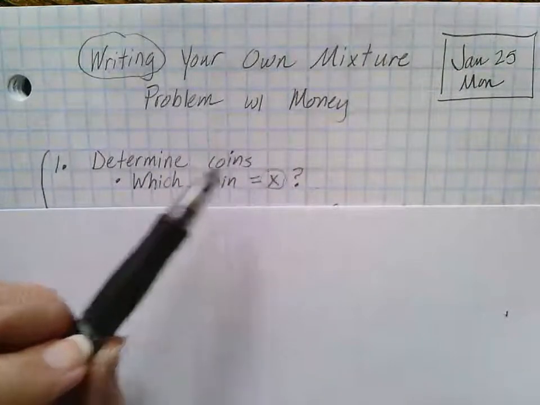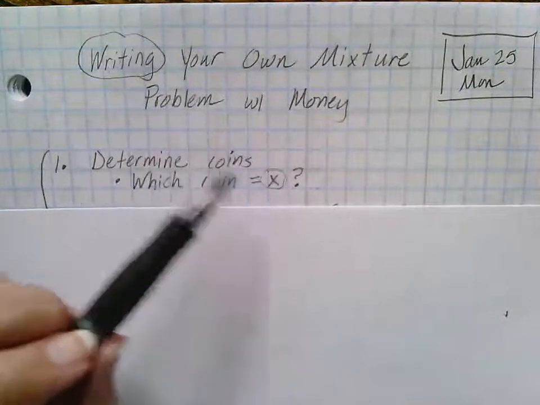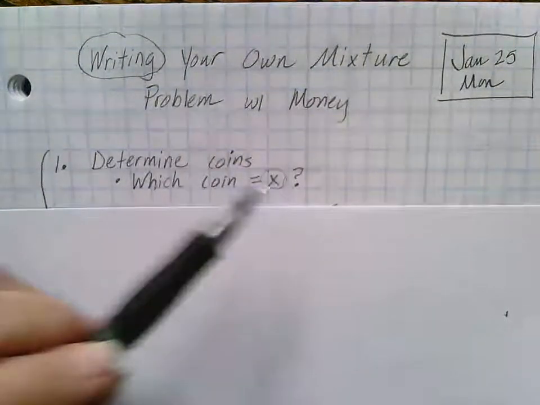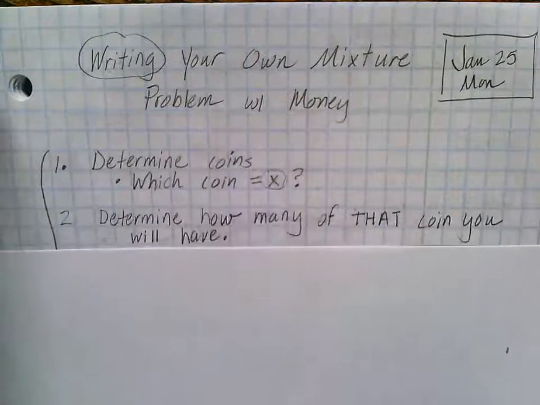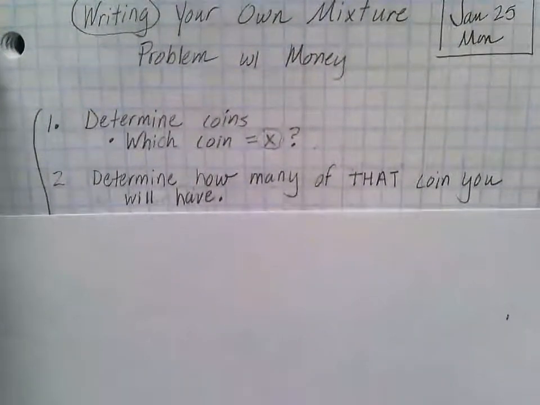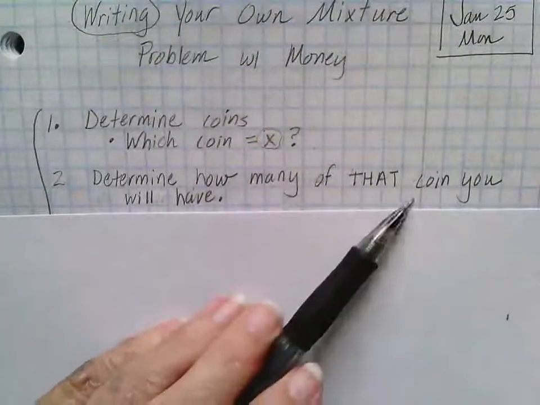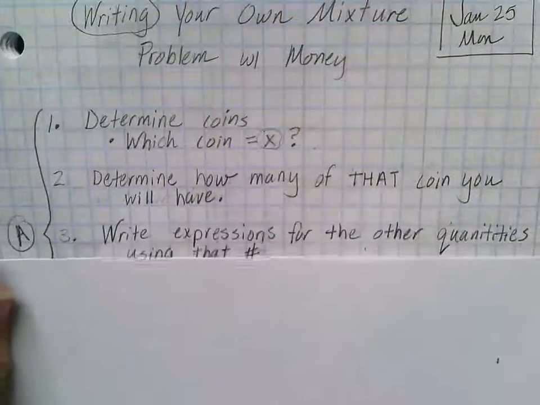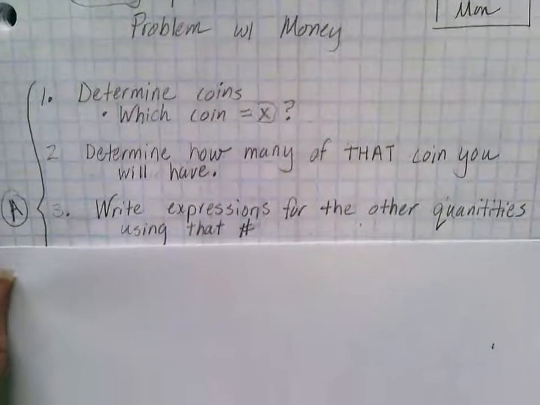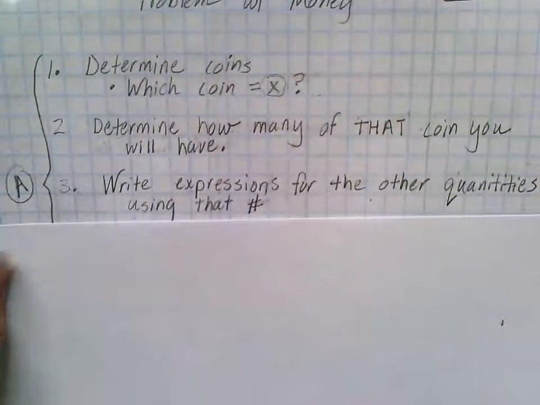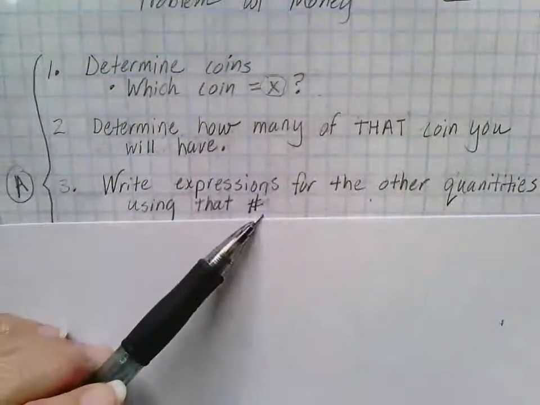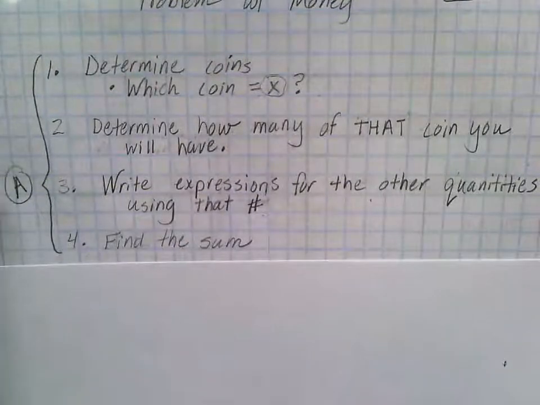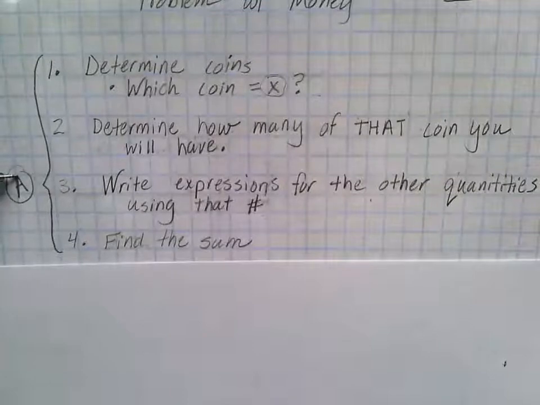Doesn't matter if you have your pennies be your X value, whichever one it is, but you have to determine which one is going to be X. Then you need to determine how many of that particular coin you're going to have in your problem. Step 3 is to write expressions for the other quantities in terms of that number, and then you need to find the sum. So this is part A.